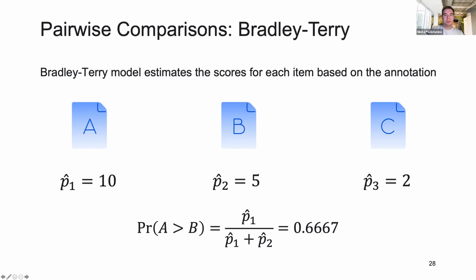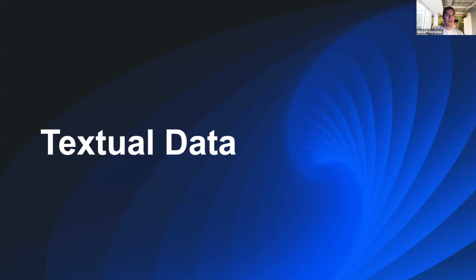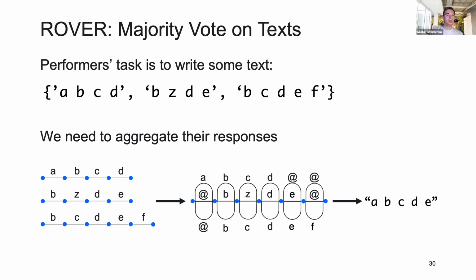We also implemented aggregation methods for textual data. Let's consider an example of a project where you collect some textual data. For example, you run a crowdsourced audio transcription task. In audio transcription, the performer's task is to write some text.